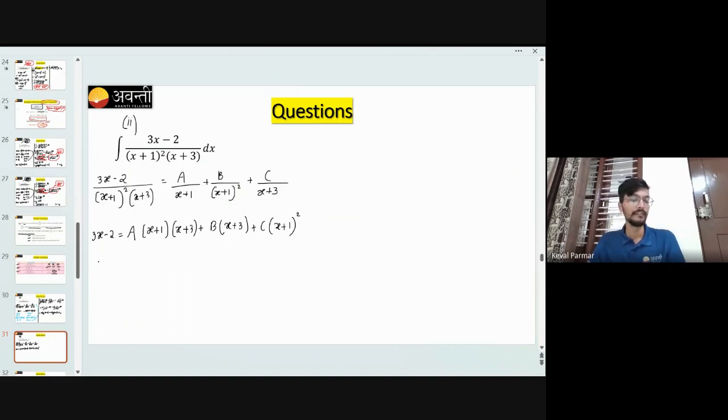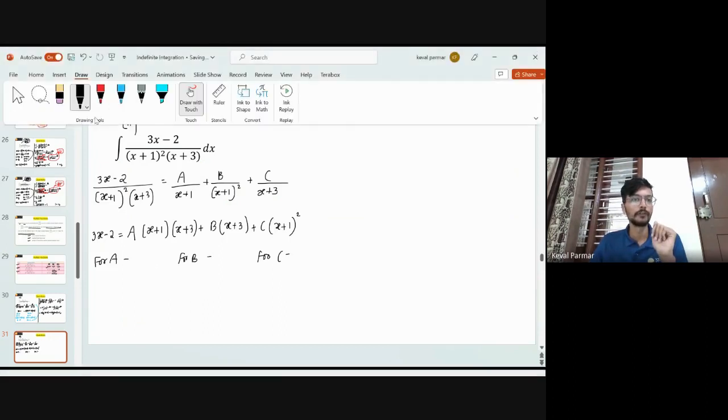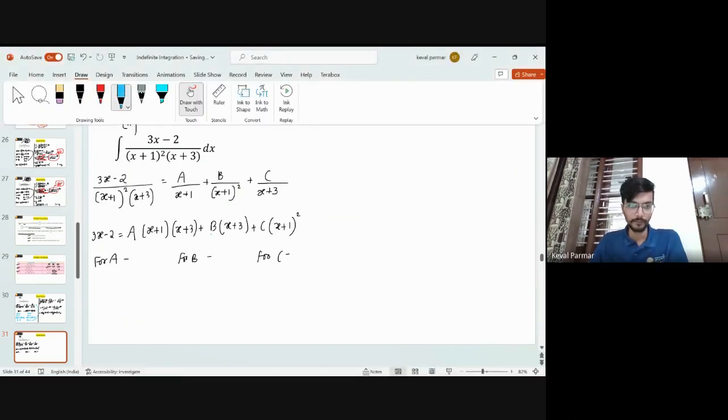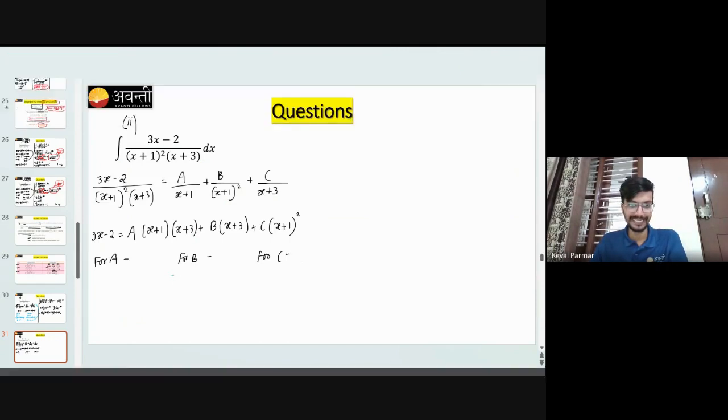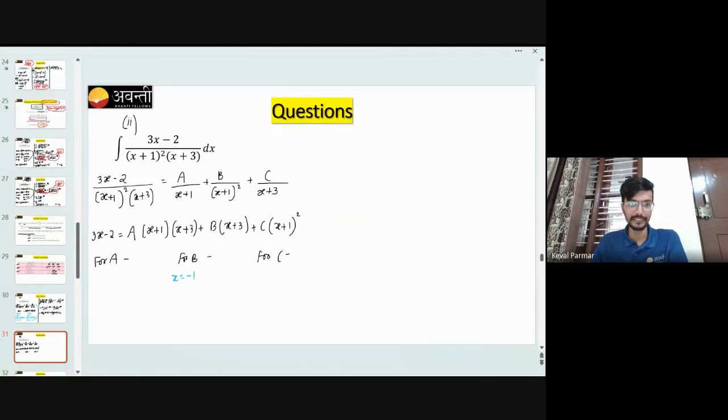Now again, we have to do this 3 times. That is for A, then for B, and then for C. So for A, we have to stop for now. We'll do first for B. So for B, if I put x equals to minus 1, got it?